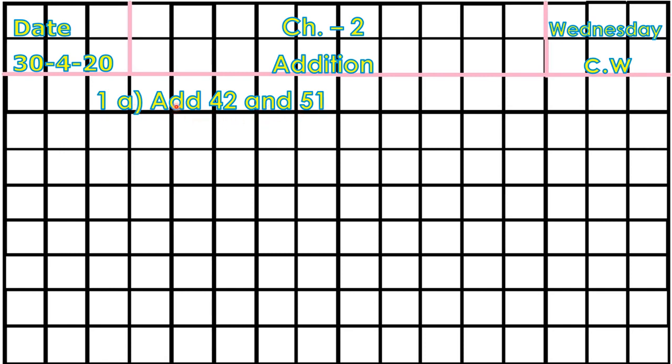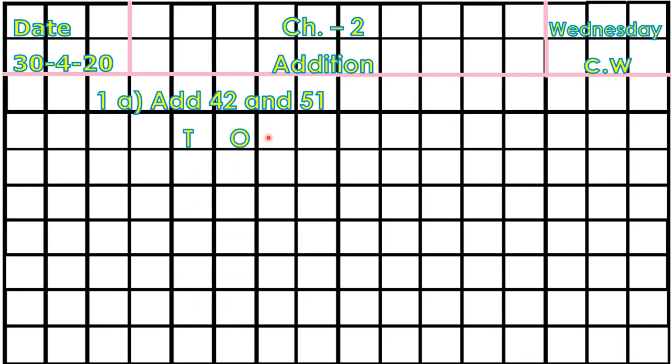Now you can see that beta 42 and 51 are 2-digit numbers, okay. So first of all we will write places, and always keep this thing in mind that you have to write 1 digit in 1 column, okay beta. Like first of all we will write places, so ones, tens.